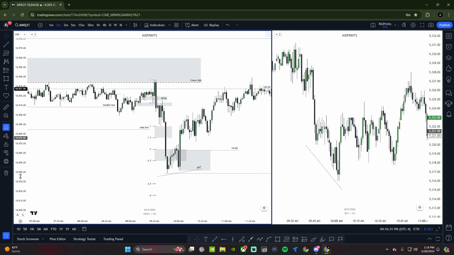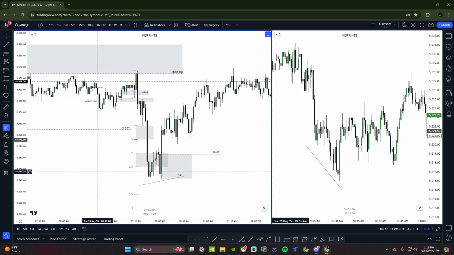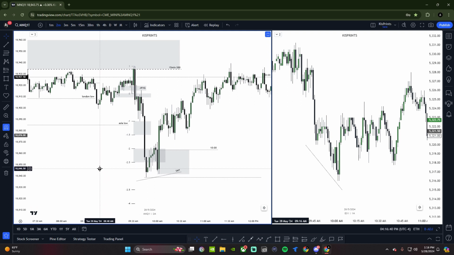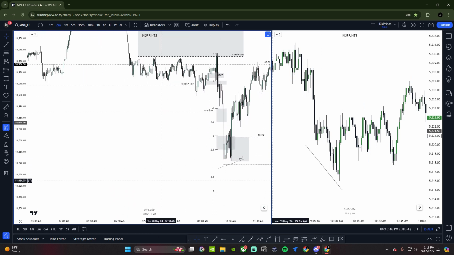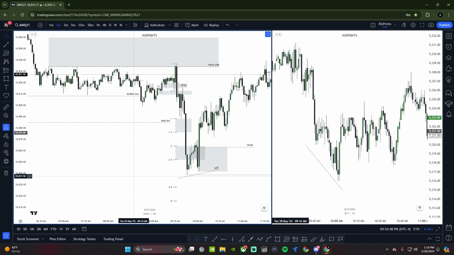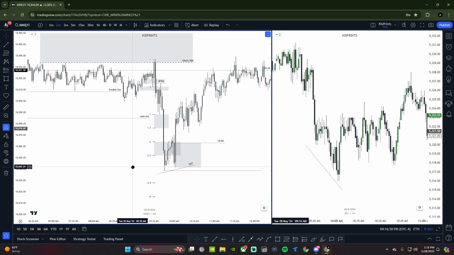At 10 a.m., you're going to see price manipulate. And that's why the 10 a.m. candle typically makes an AM session high or low, because price will manipulate higher or lower and seek either a London high, London low, Asia high, Asia low, or a significant reversal area.